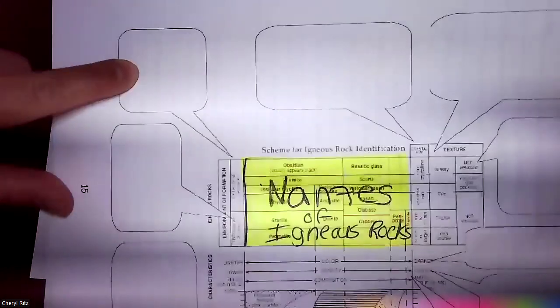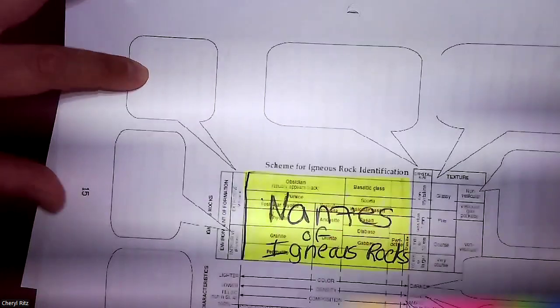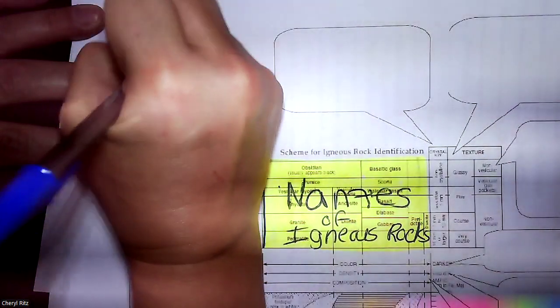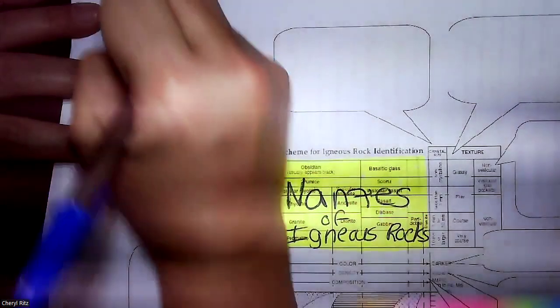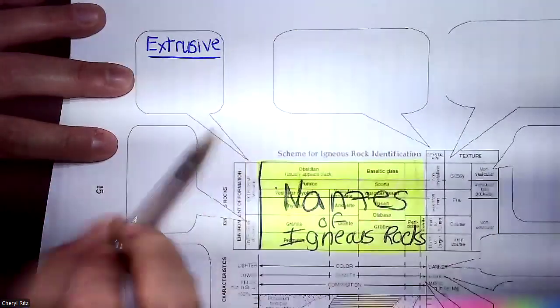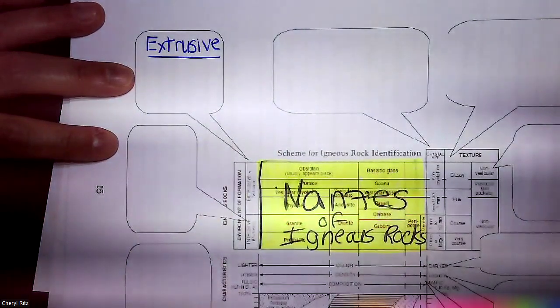So this upper right hand, nope, that's the left, sorry. We're just going to label that that's pointing to the extrusive box. And again, it is going right to the extrusive box.